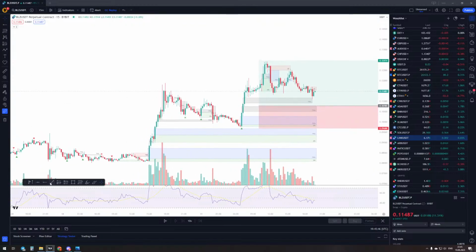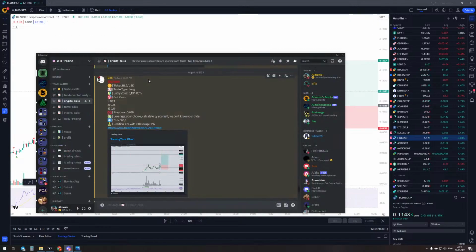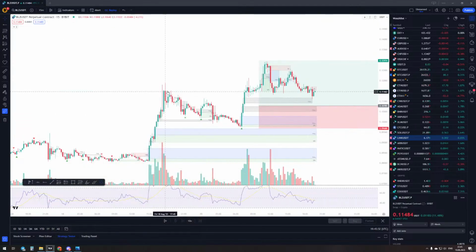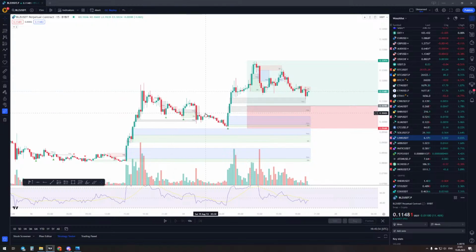Again, on crypto you might have a more aggressive entry, because it's not like the stock market. You don't have tests. It just goes straight up, because we have a liquidity pool. It goes like a cascade.